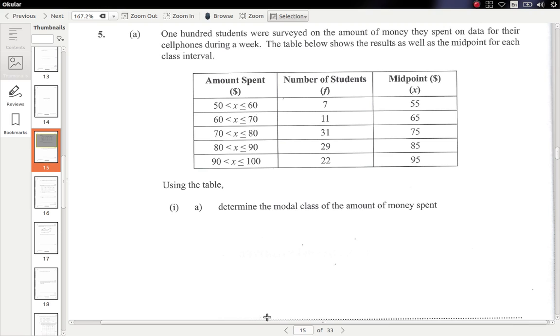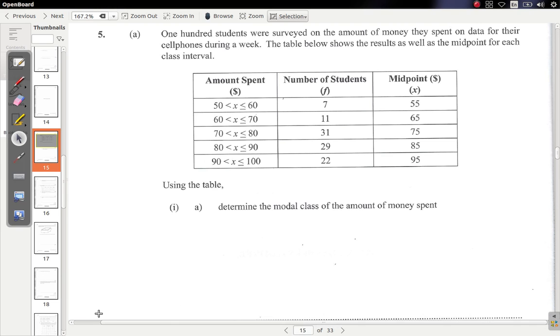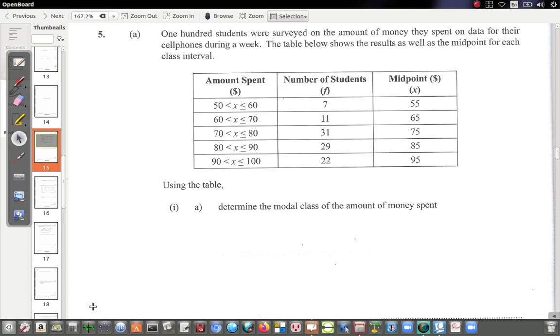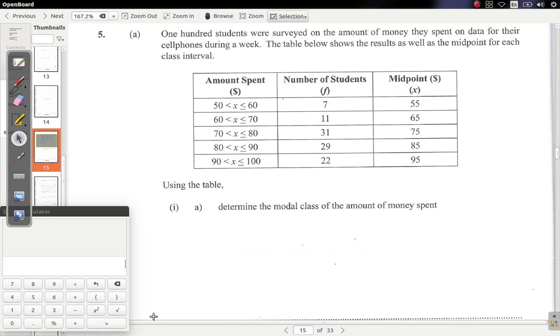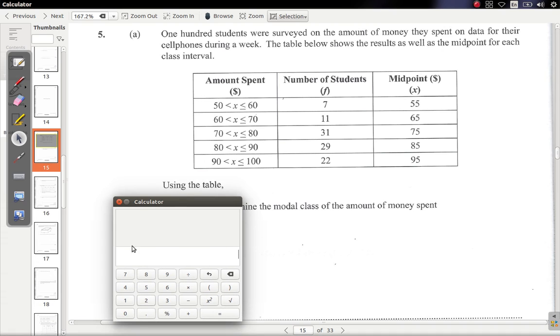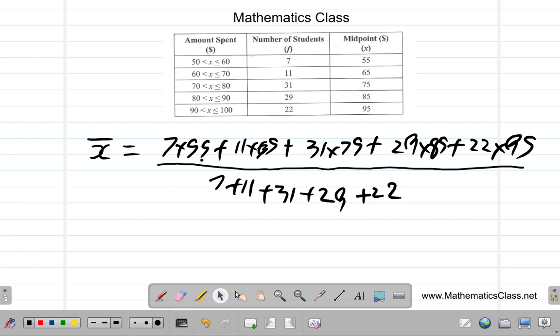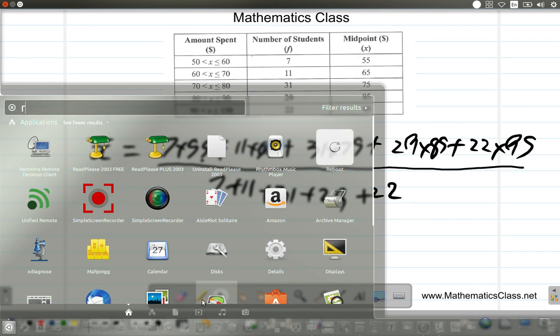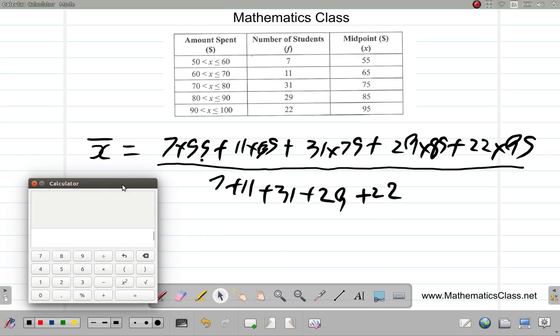We look at the calculator. Work with the calculator. Okay, good. Alright, so we have the calculator now.